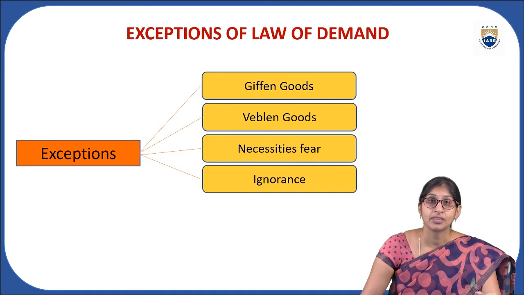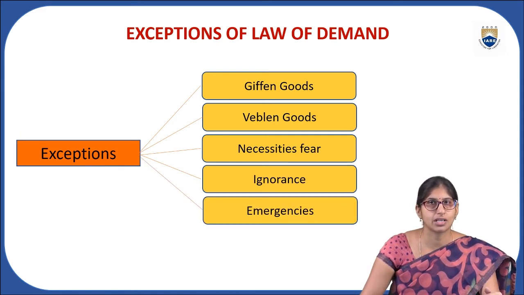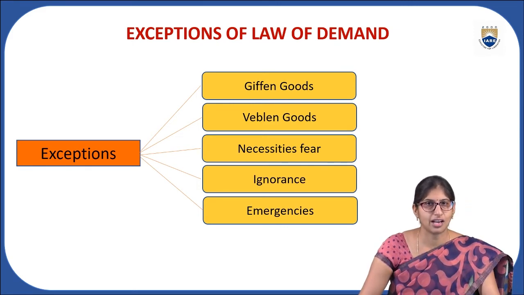So when we are ignoring the price change, the law of demand is not holding good. That's the reason it is also one of the exceptions. Then emergencies: in case of emergencies, we are not looking at whether the price is high or low. Do we wait in case of emergencies? Take the price of an injection, like nowadays remdesivir, the most demanded injection due to COVID, right?